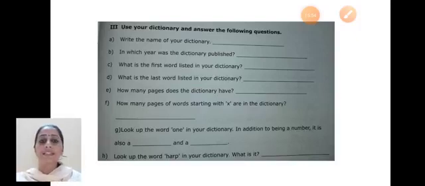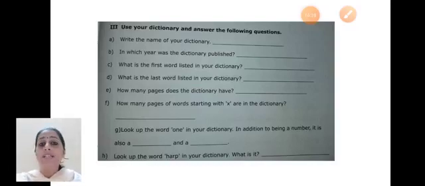So yes, this is going to be your individual activity. Now, all of us are using different dictionaries. For example, when I do this, for me, what is the name of your dictionary? The dictionary that I use is the Oxford Dictionary. In which year was the dictionary published? It was published in the year 1948.